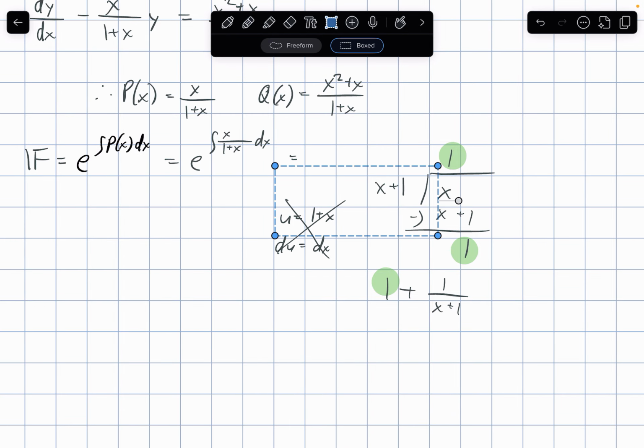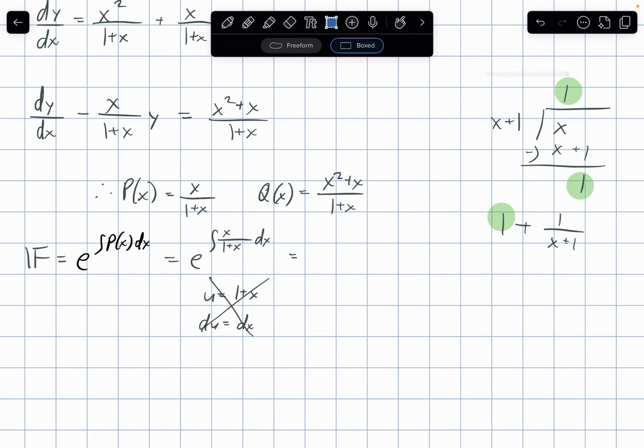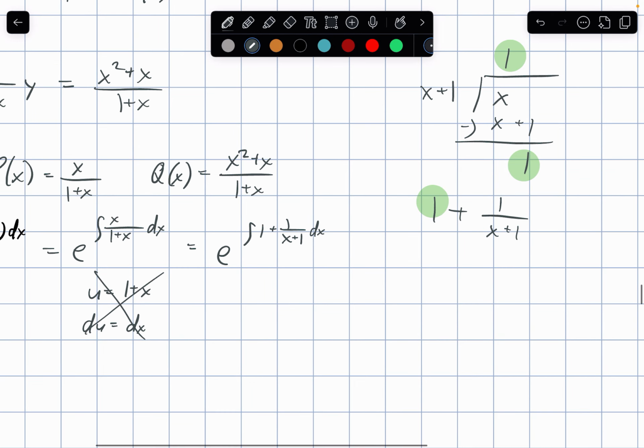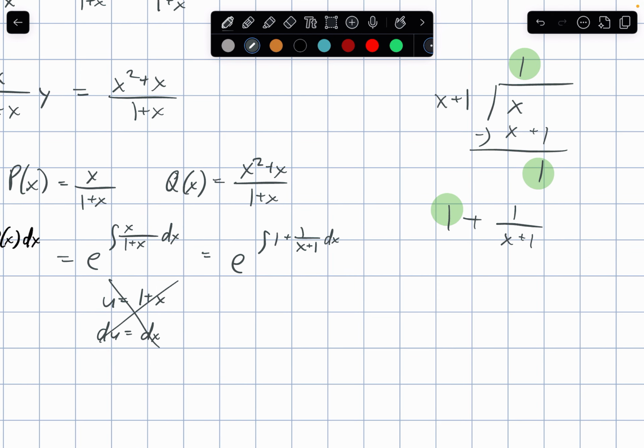We just changed the form. So we write e raised to the integral of 1 plus 1 over x plus 1 dx. It appears that I think we made it longer. It's exactly the same.